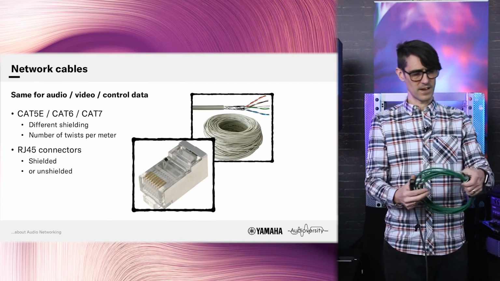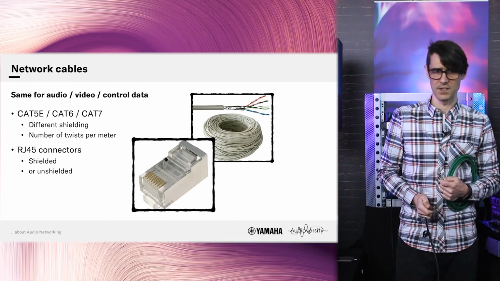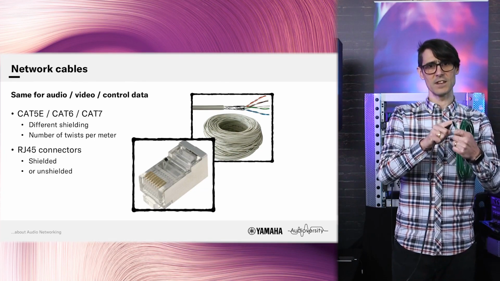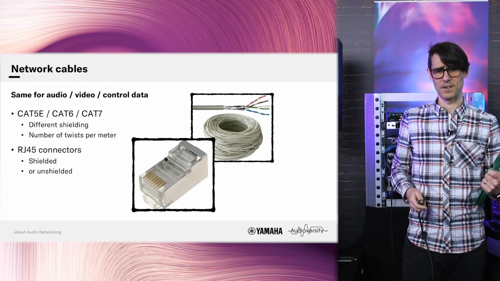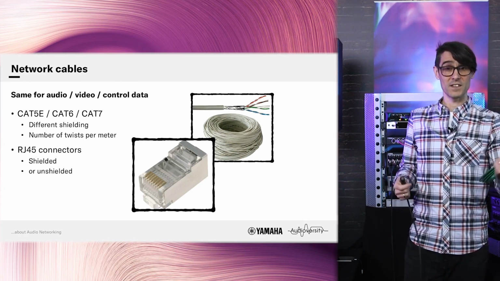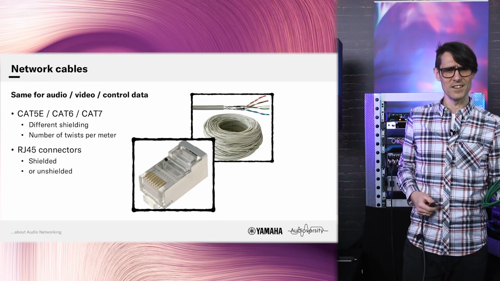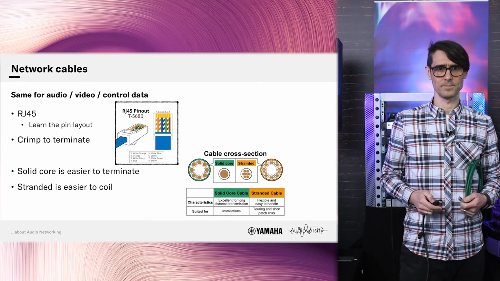But they all have the regular RJ45 connectors, either shielded or unshielded. Shielded is mostly recommended by manufacturers because it reduces the amount of electromagnetic interference. Though, to be honest, unshielded cables are easier to work with if you make your own terminations.